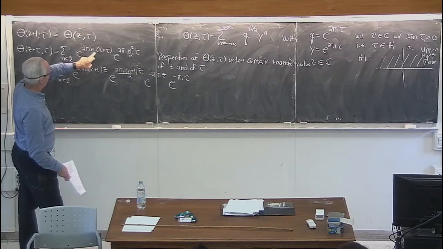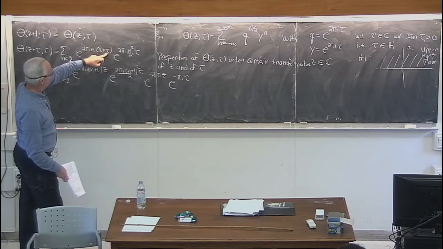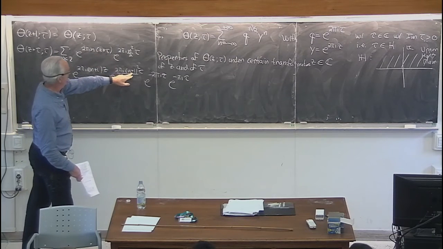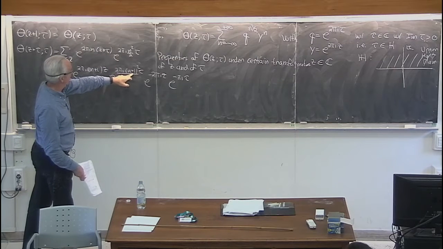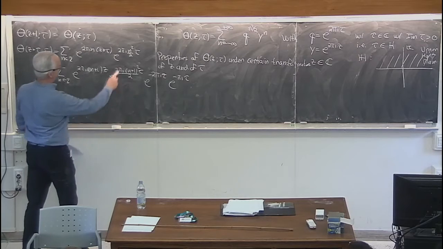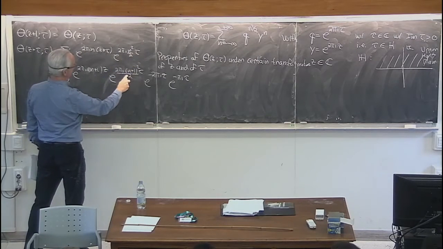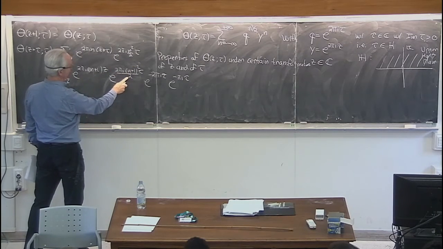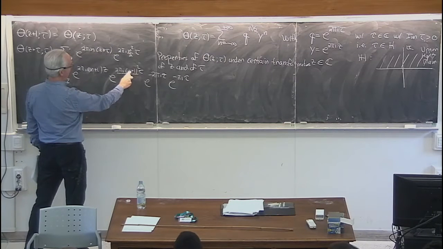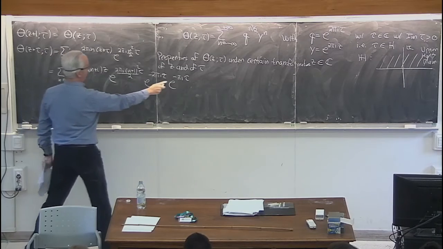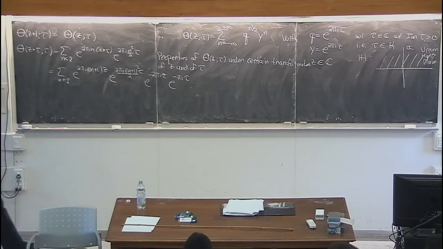Now, there's an e to the 2 pi i n tau. I've put that into this formula by the cross term when I expand n plus 1 squared. This n squared over 2 tau term is the first term here when I expand this. And then there's a term that involves e to the 2 pi i tau over 2, and I've canceled that off with this term.